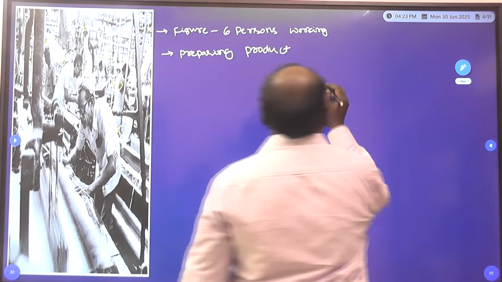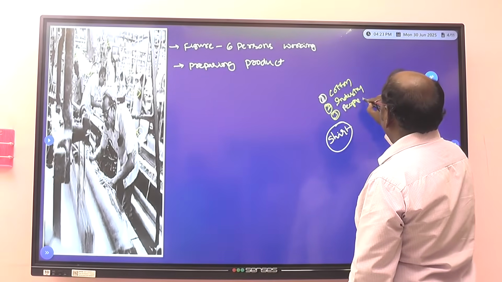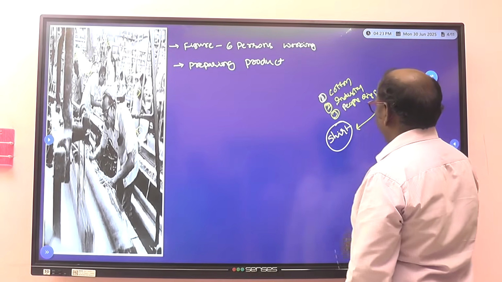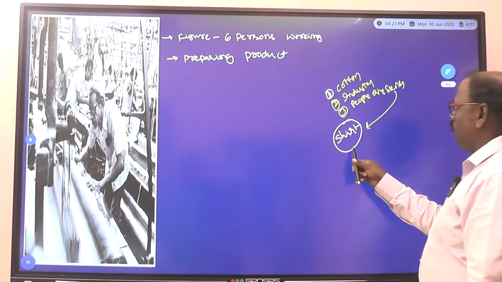For example, if you want to prepare a shirt, first we need to have the cotton, and second it should travel to some other industry, and there people use their skills and give the final good as a shirt.